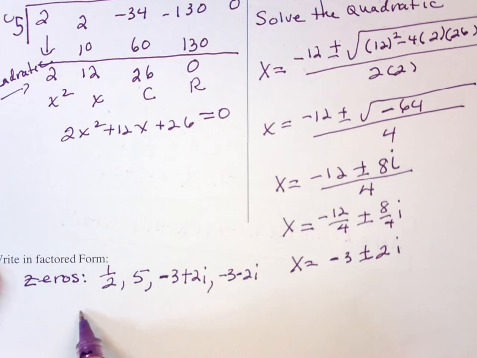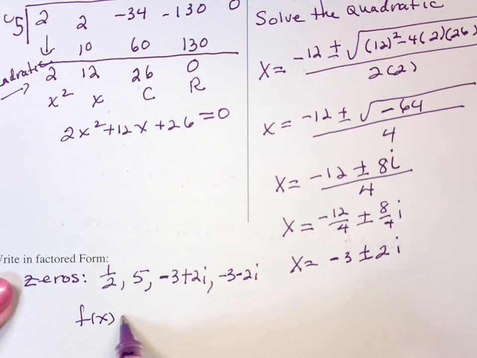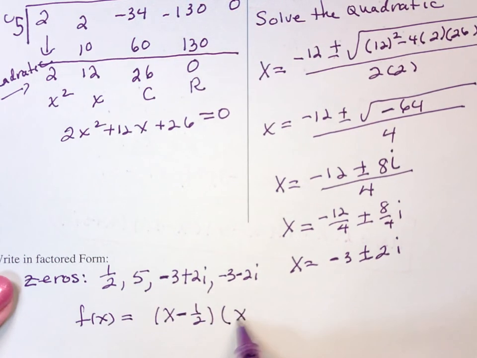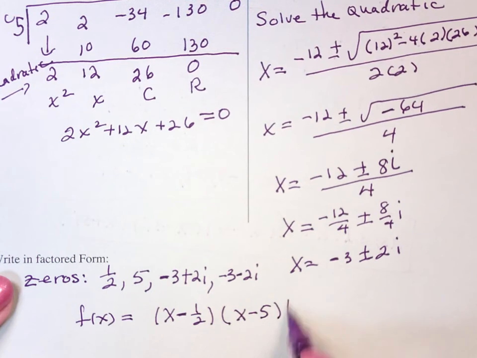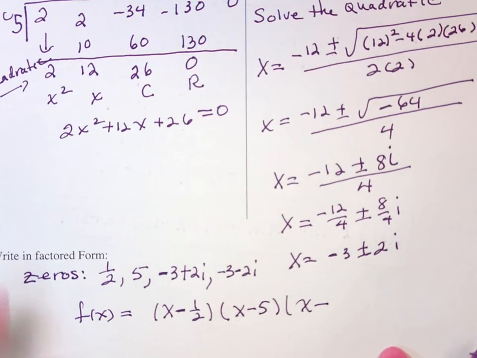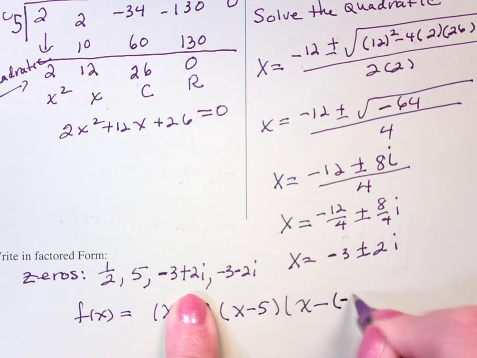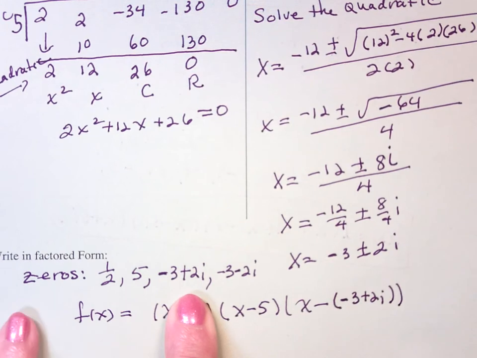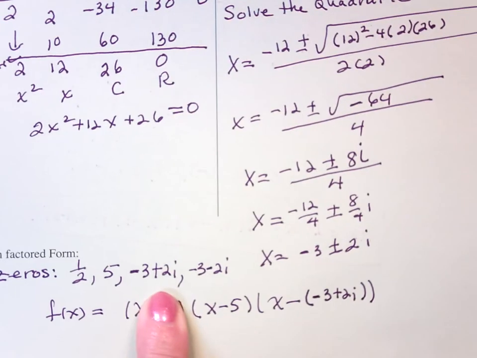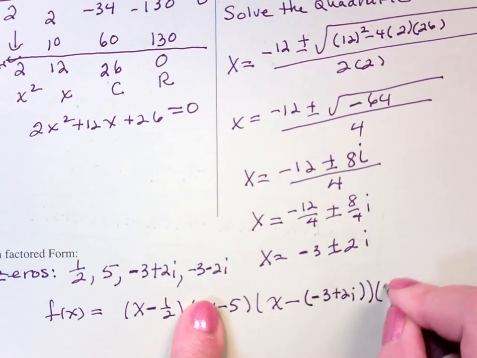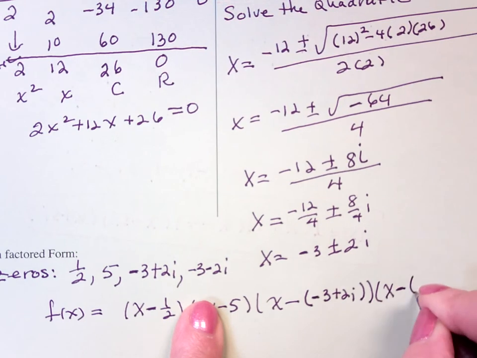So f of x factors into x minus 1/2, x minus 5, x minus, well, this is more than one term, so I'm going to put it in parentheses, minus 3 plus 2i, x minus the zero, x minus 3 minus 2i.